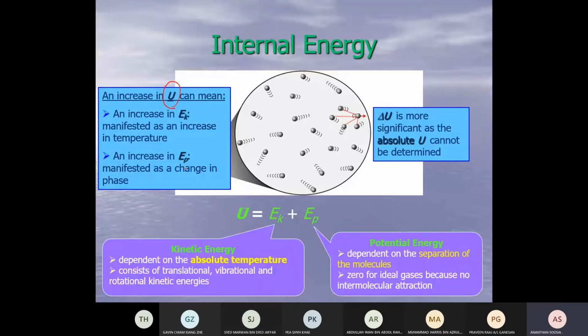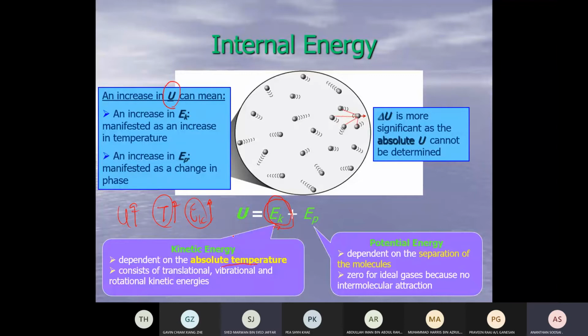Either you increase the EK or increase the EP. How do you increase the EK? You already know this from earlier. EK depends on absolute temperature, right? So increase the temperature, EK rises. Therefore, internal energy rises.